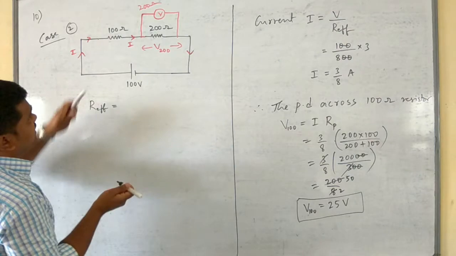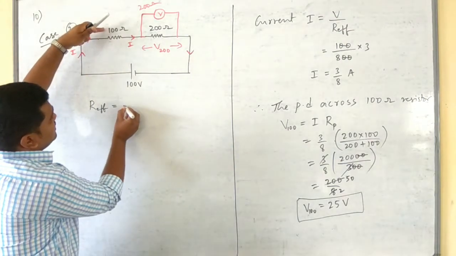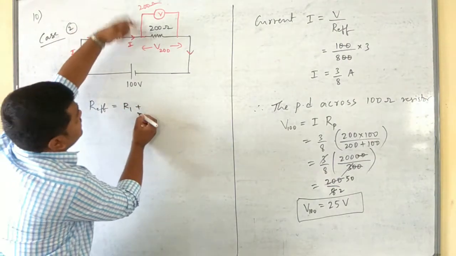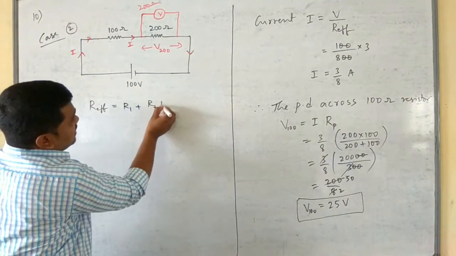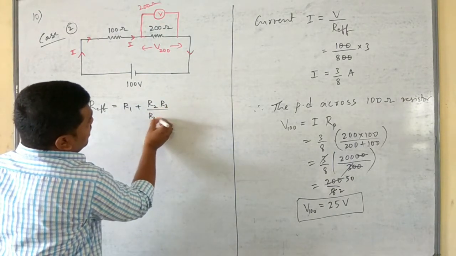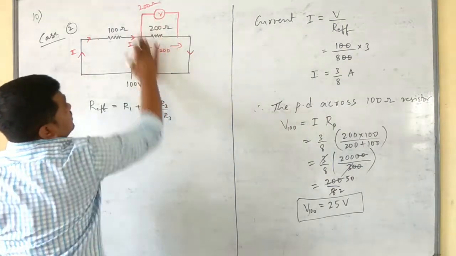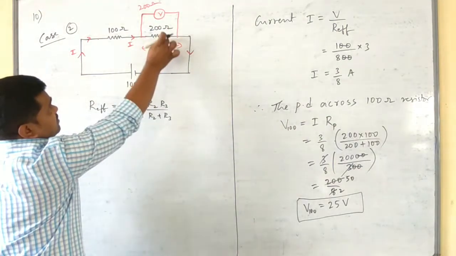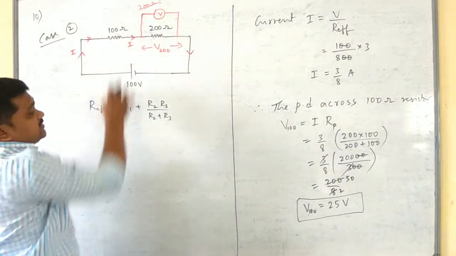Next, R effective. Take a look here. If you call this R1 and these two R2 and R3, then it becomes R2 R3 divided by R2 plus R3. These two are in parallel and that parallel combination is in series with this 100.